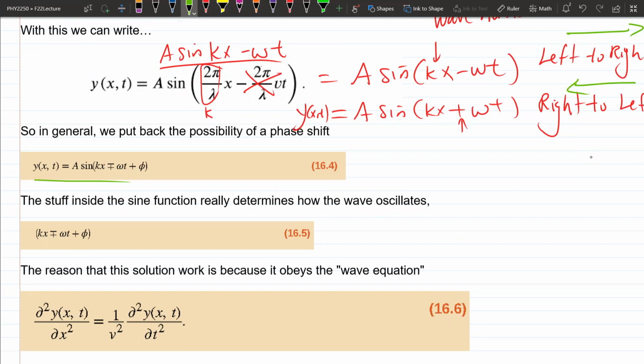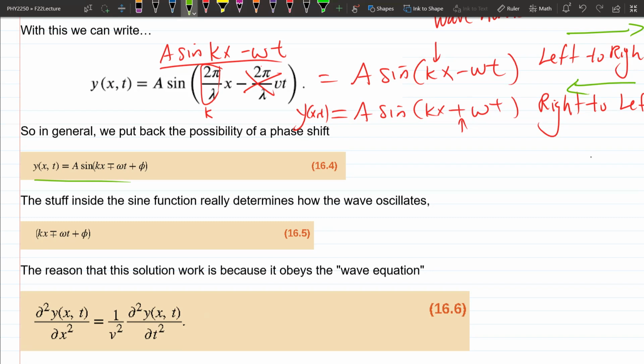And in general, there could be a phase shift, where the wave machine didn't start off at y equal to 0. It could have started off at y equals 1 or -1. That allows for that phase shift. And usually we try not to deal with that too much because it just makes complicated algebra.